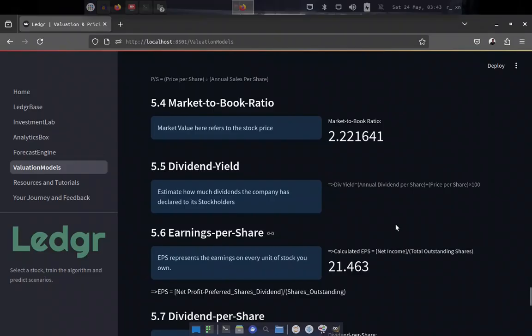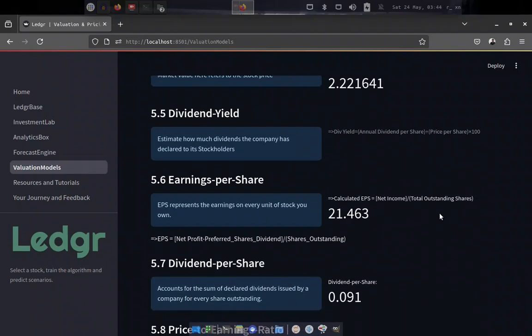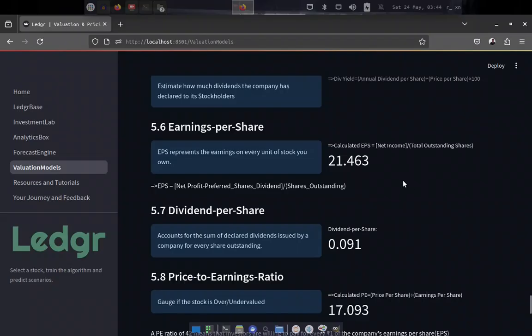The dividend yield is blank because NTPC does not directly or explicitly mention its dividend yield. It does so on a yearly basis, but the other information can be used to deduce the other ratios, for instance EPS, which is around 21.463.